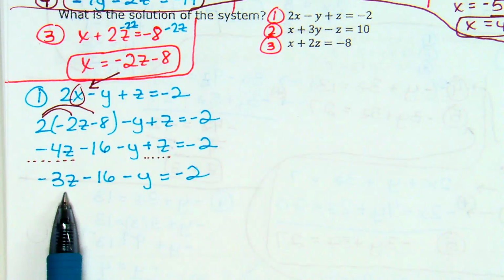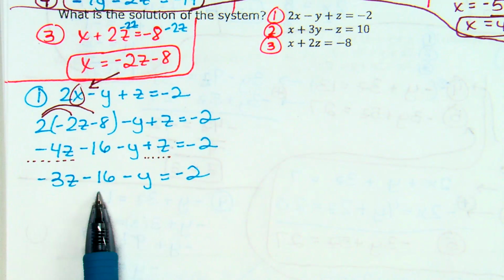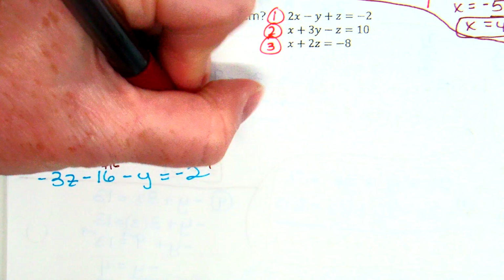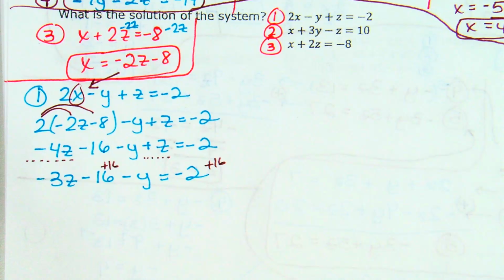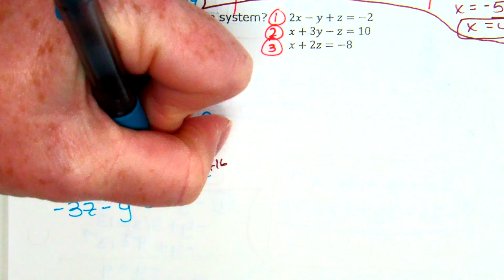I got a z, I got a y, I need to move the minus 16. To move the minus 16, I want to add 16. So now I have negative 3z minus y equals 14.